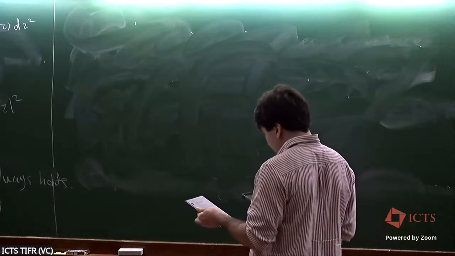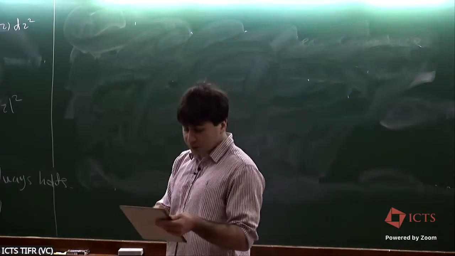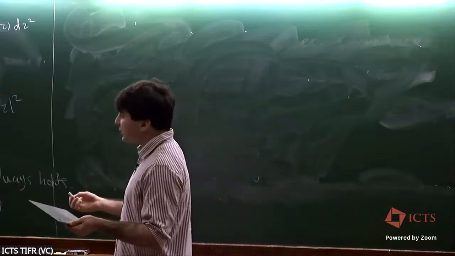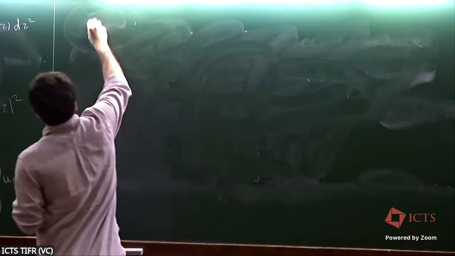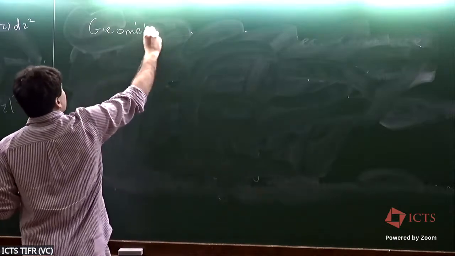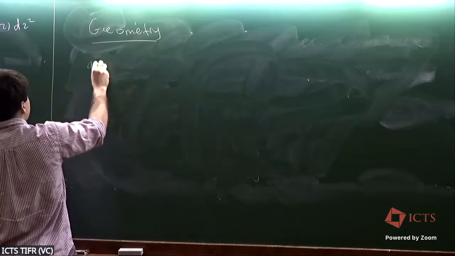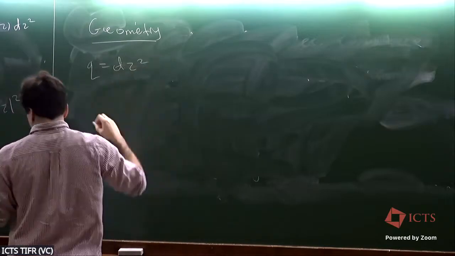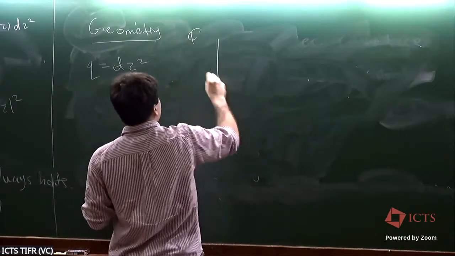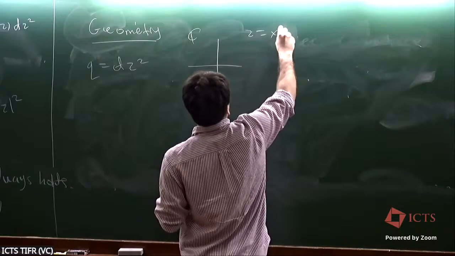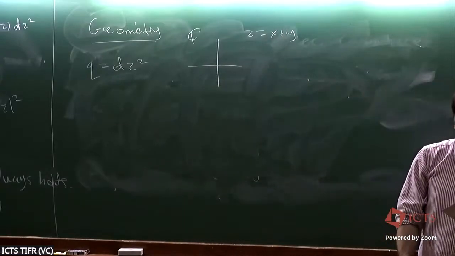Okay, so what I'm most interested in is the geometry of the situation. And I'm going to specialize now to polynomials because we're most interested in z to the n. So let's start off by looking at the most basic case we can do, and that's Q equals dz squared. So here we have C, and I'll call my coordinate x plus iy. Does anyone know this example? Oh yeah, I see someone nodding.